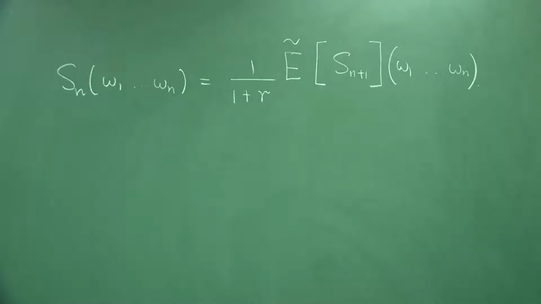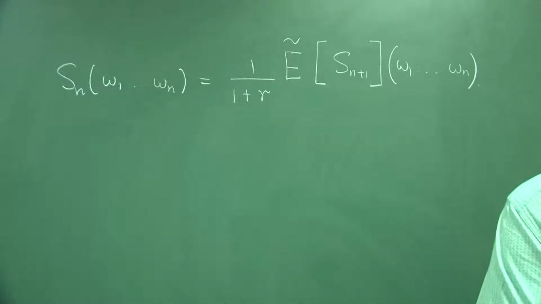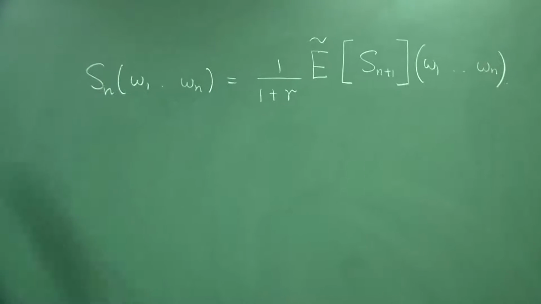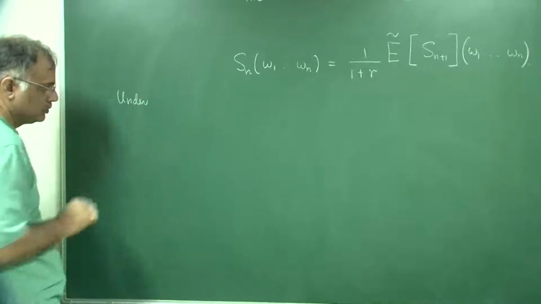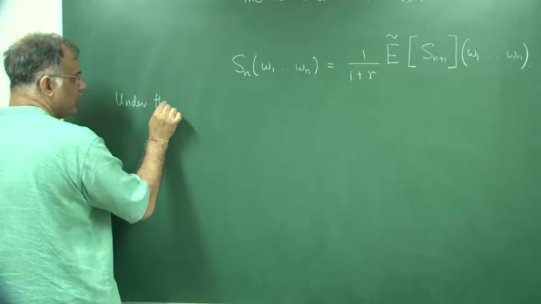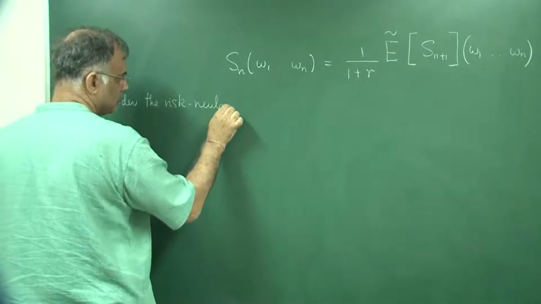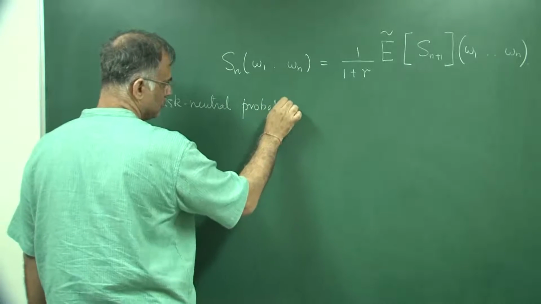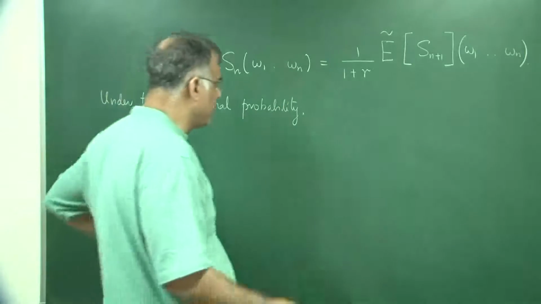So, we are now going to prove that, of course, P tilde, Q tilde are given, I am not repeating P tilde, Q tilde, under the risk neutral probability the discounted stock price is a martingale.